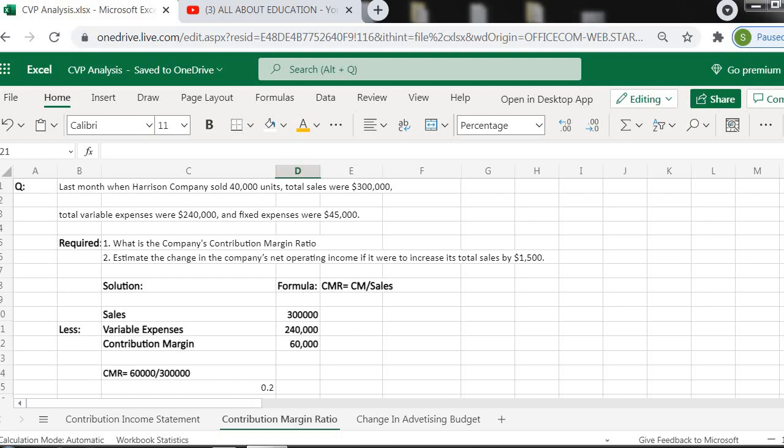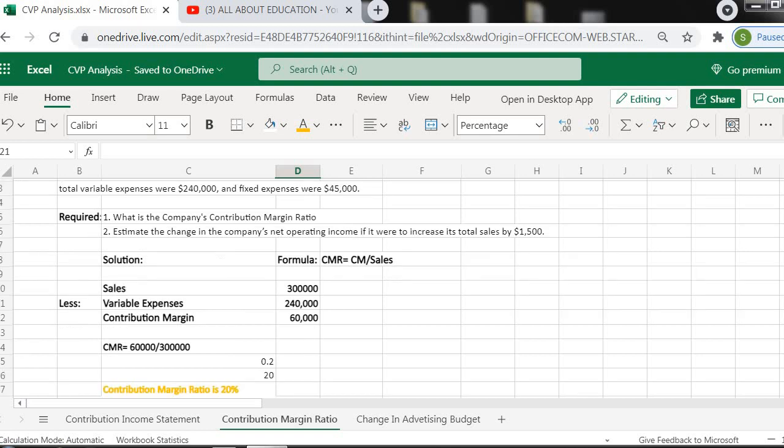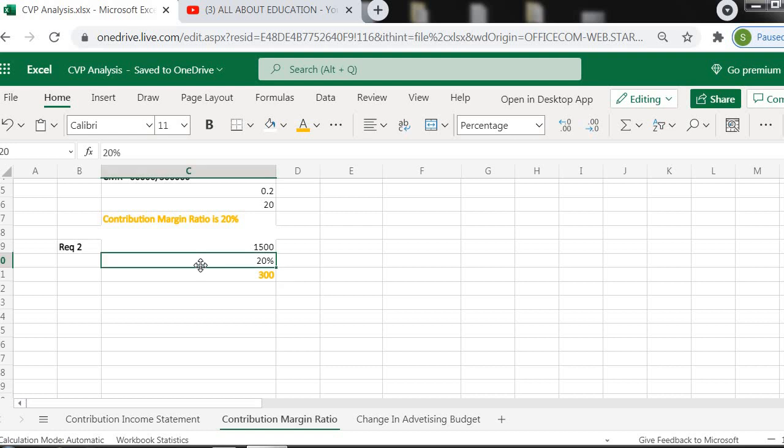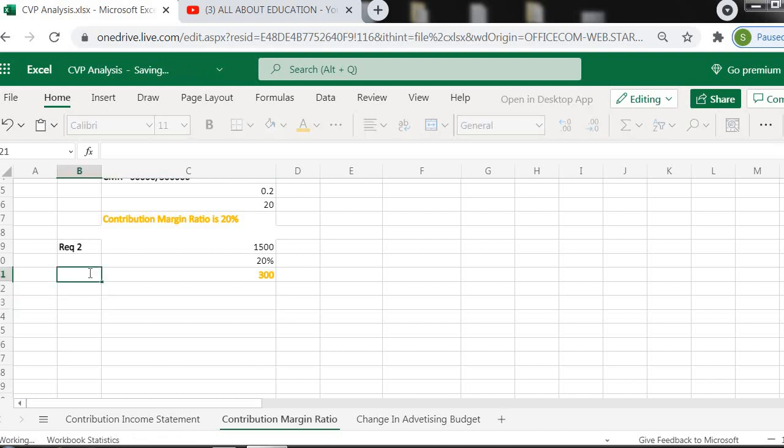If the company is increasing its total sales by 1,500, the change in company's net operating income is 300, right? Change in net operating income.